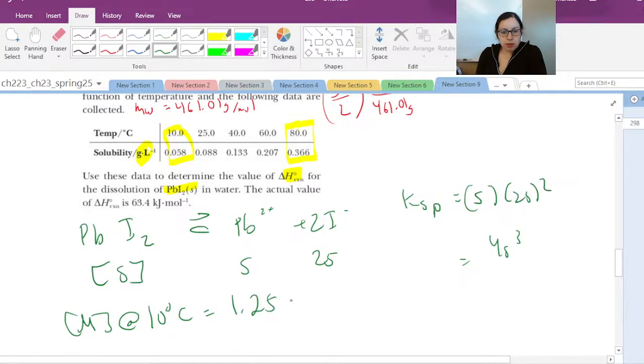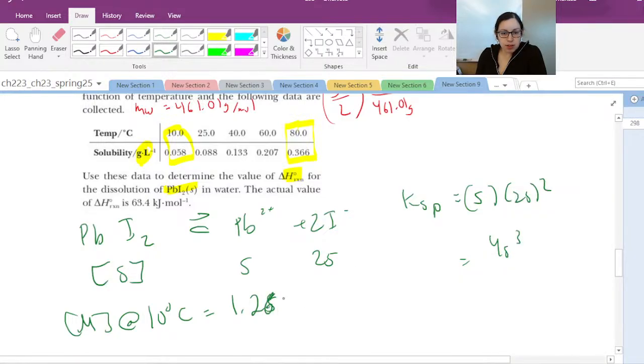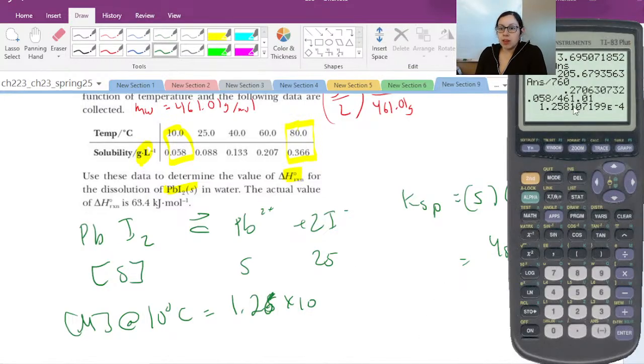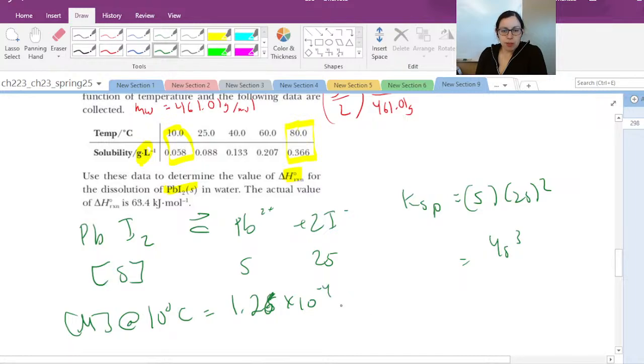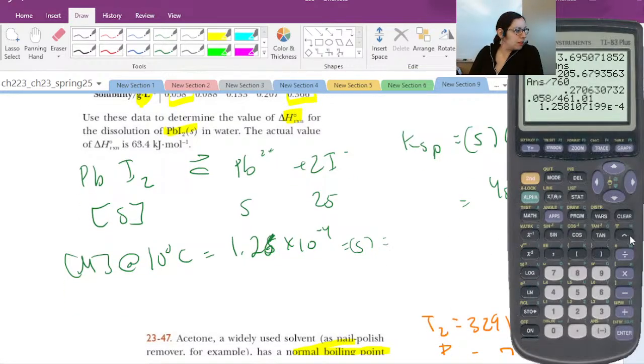So 1.25, or I guess I'll round it to 6, times 10 to the negative fourth. And so then we have to get our K. So now I can just plug it into this formula conveniently.